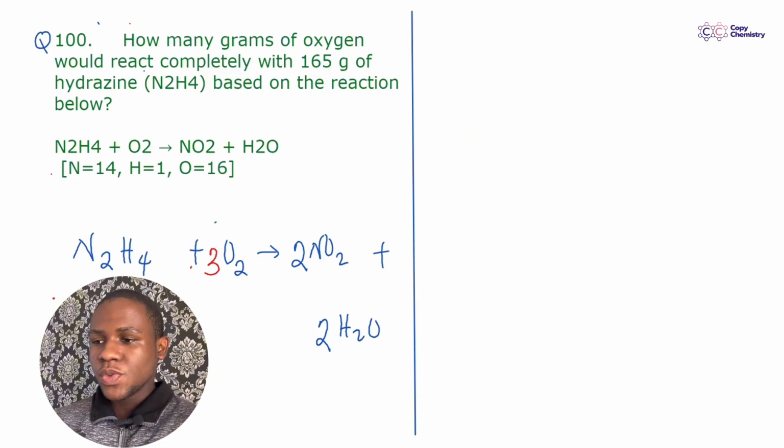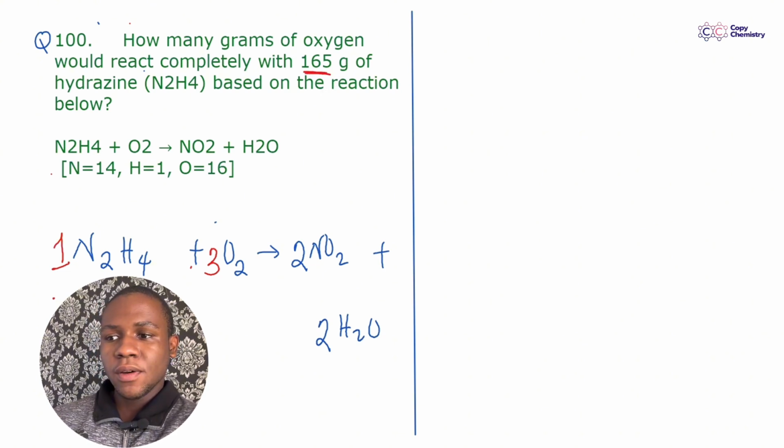So what we're meant to do here is to compare oxygen with hydrazine. And we can see here that 1 mole of hydrazine reacts with 3 moles of oxygen. So if I have 165 grams of hydrazine, I can figure out how many moles that is, right?